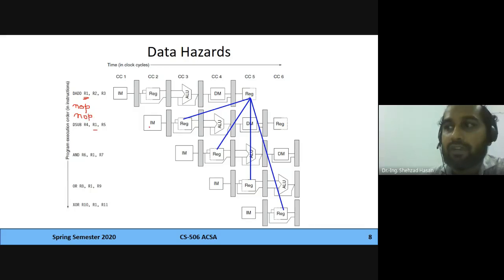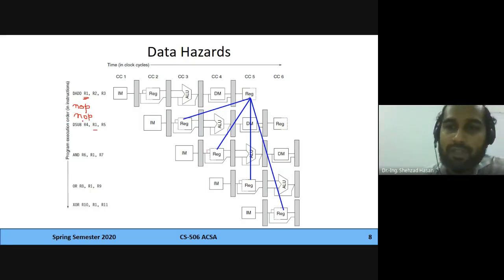So this instruction is a no operation, this is a no operation, and this would be your subtract instruction. But this is not a good way, because you're going to waste two cycles here.